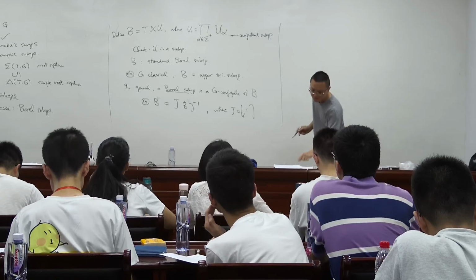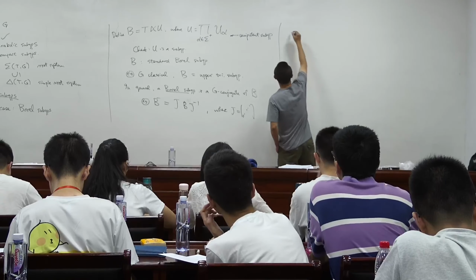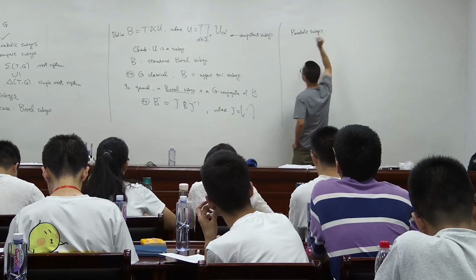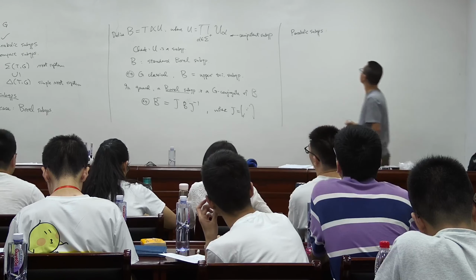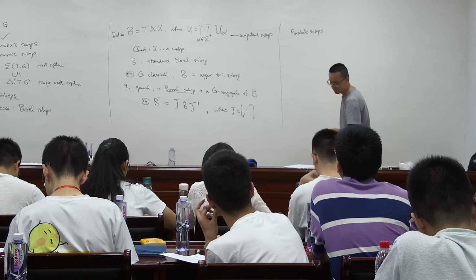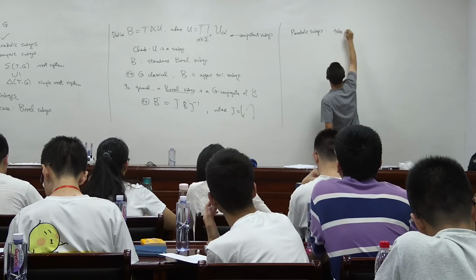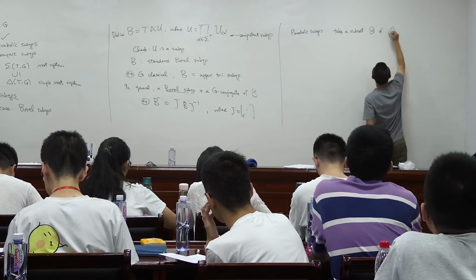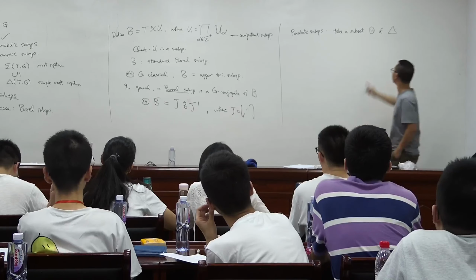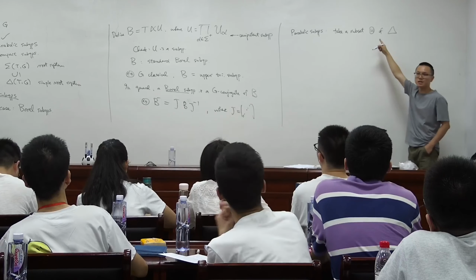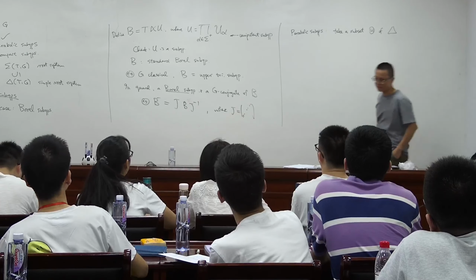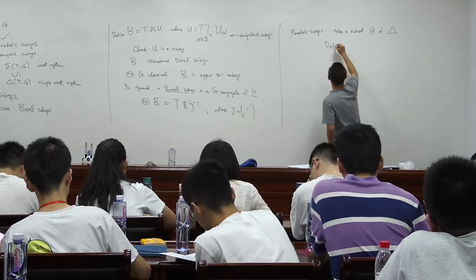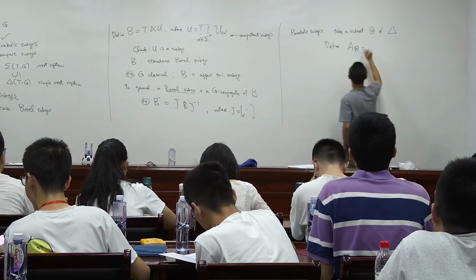Now, in general, what is a parabolic subgroup? I take a subset theta of the simple root system. I think in Zhifeng Yang's lecture, this is the set F. And then I define A theta.